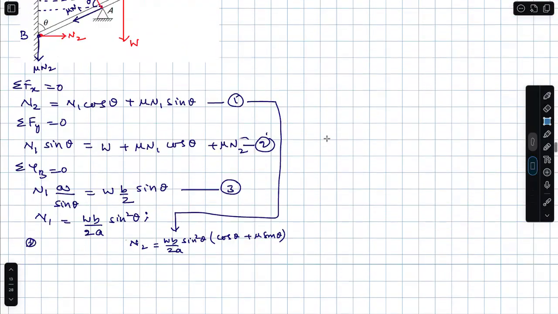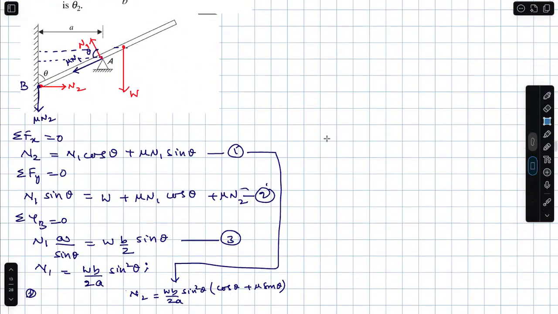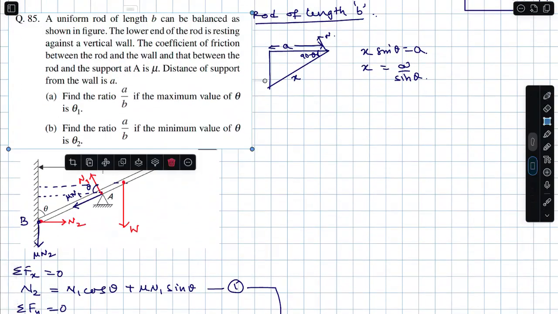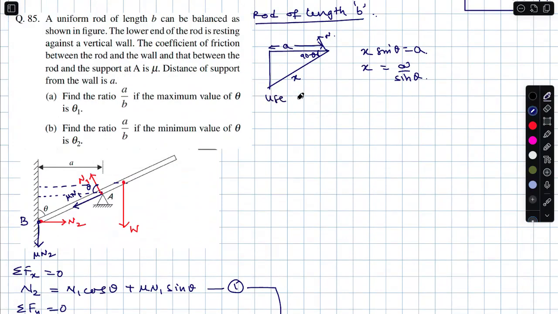From this, what you will do is use N1 and N2 in equation 2.